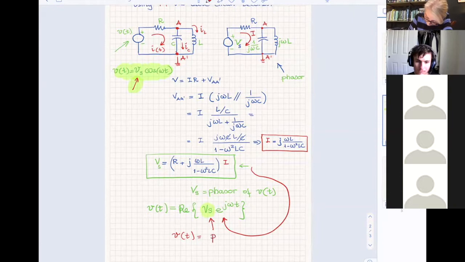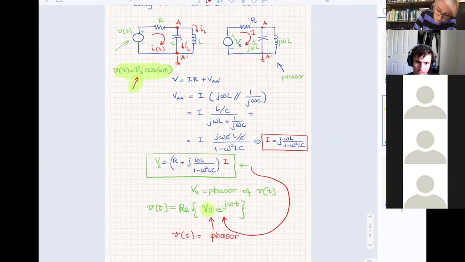So small v is the magnitude, the amplitude.